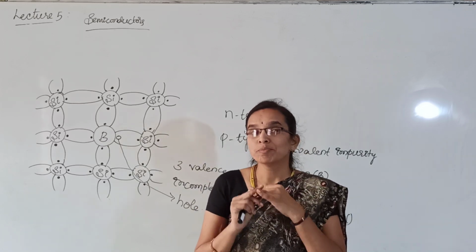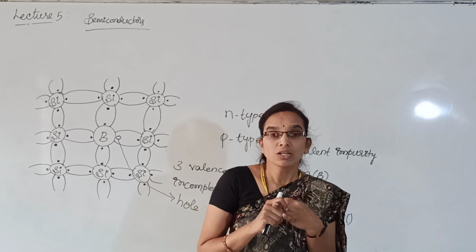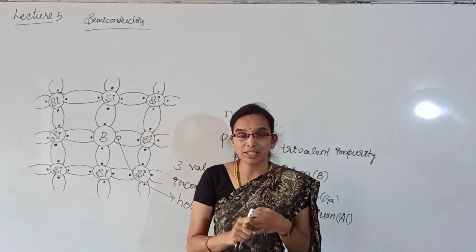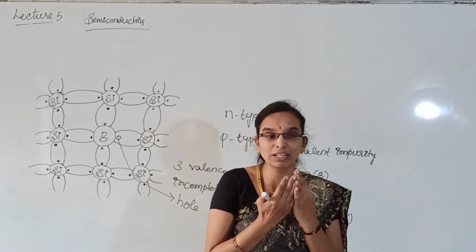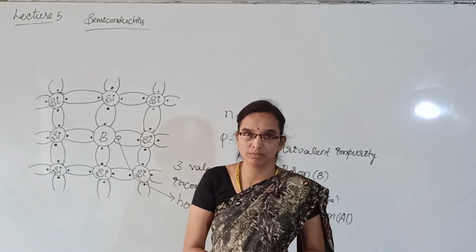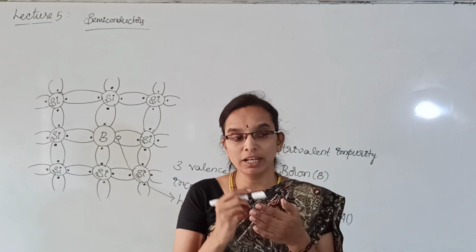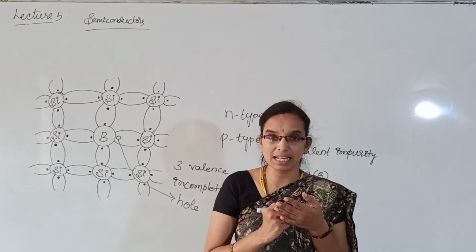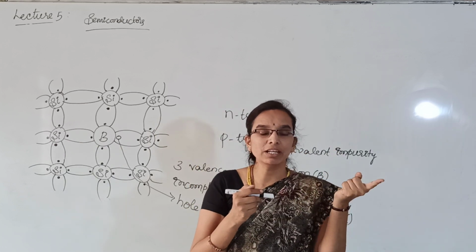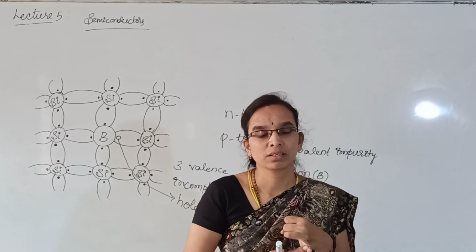Whereas in case of P-type semiconductors, we are going to add trivalent impurity. So, these trivalent impurities after adding, they create large number of holes without a free electron. Normally in intrinsic semiconductor, what happens? Whenever a valence electron from the valence band jumps into conduction band, there is a free electron and also a hole.